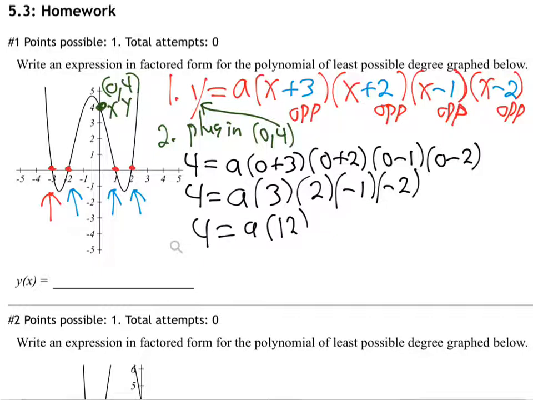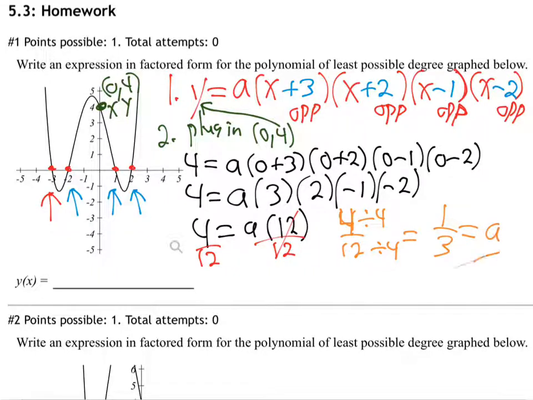That's A times 12. Last step to get A alone, divide by 12. And so how do we reduce 4/12? We divide top and bottom by 4, huh? So that's 1/3. So A is 1/3.